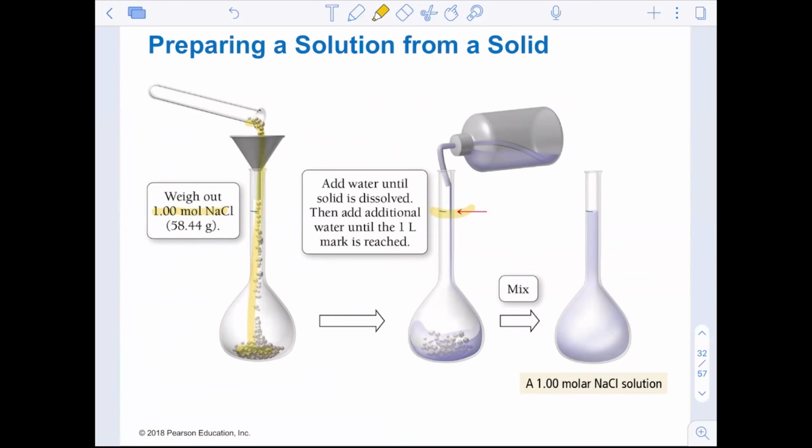Volumetric flasks are great for preparing solutions because there's one mark that is standardized to that specific 1 liter. And it's standardized so well that as long as you reach that meniscus to that mark, you know you've added enough volume of your water to reach a perfect 1 liter solution volume, okay?